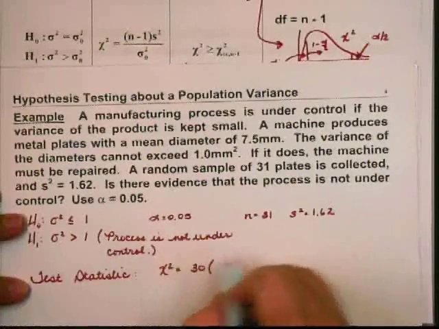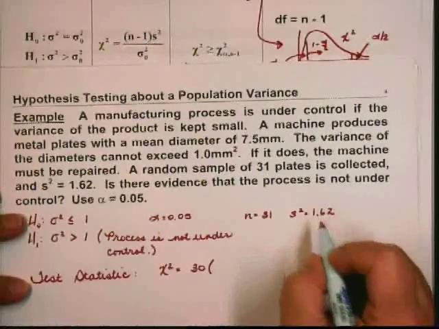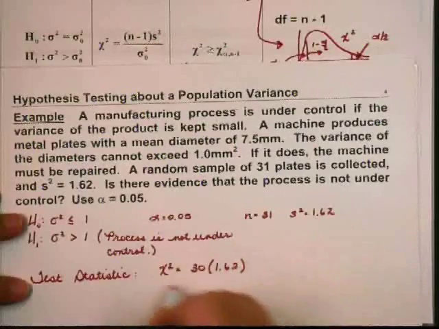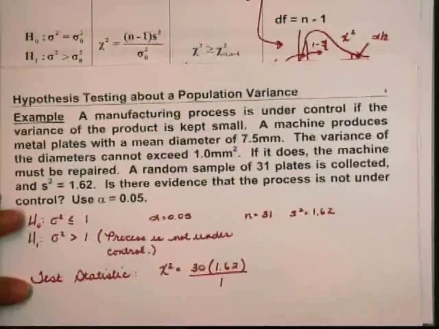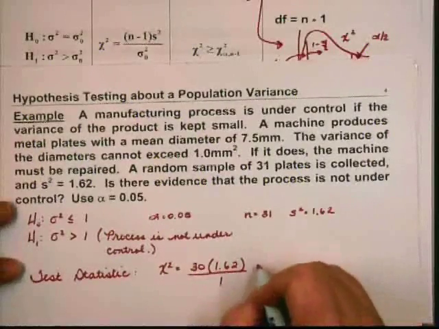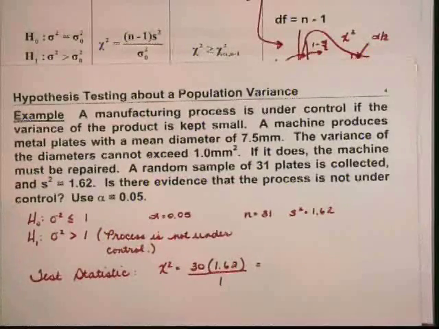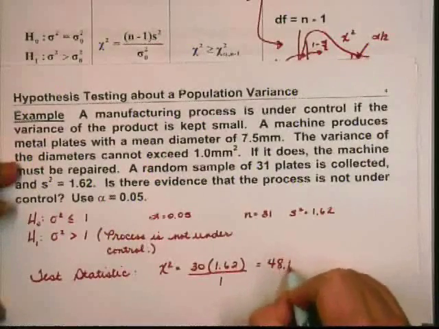Sample variance is already variance given to us. If it's standard deviation, then we have to make certain we square that. So that's 1.62. And life is easy because sigma naught squared is 1. When we compute this, we end up with 48.6.